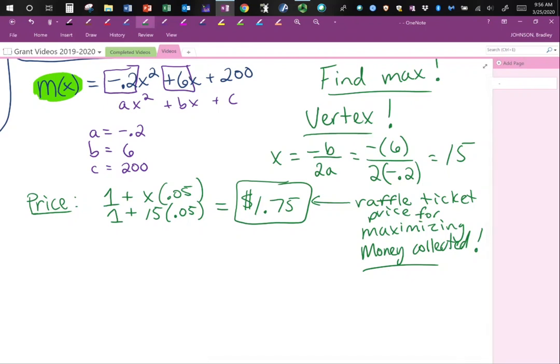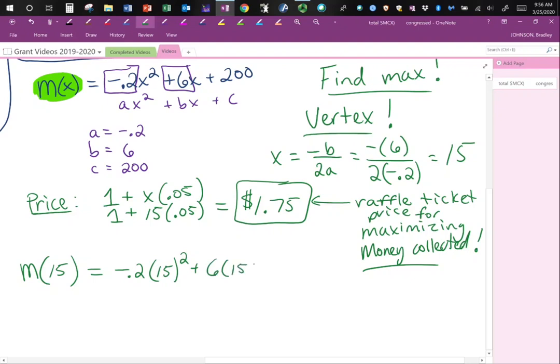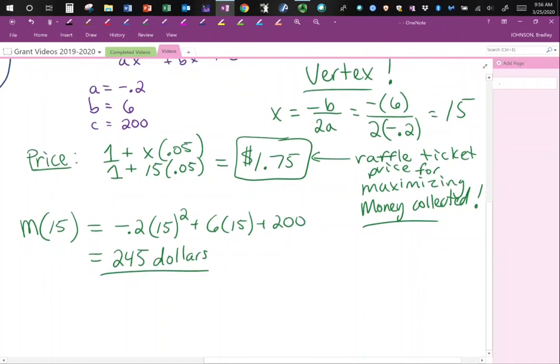Now, if we wanted to know how much money that would really be, well, we could use m of x, and you could put m of 15 in for x, and that would multiply through as so, and we would collect a total of $245. Now, another way to do that is go back to what we did before.